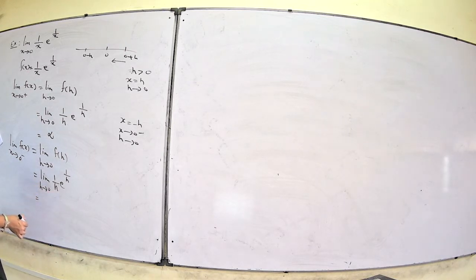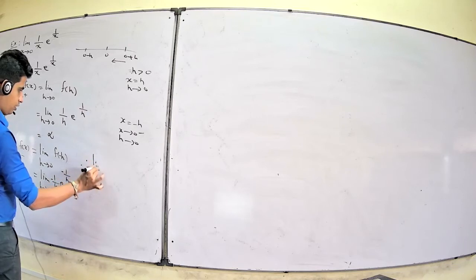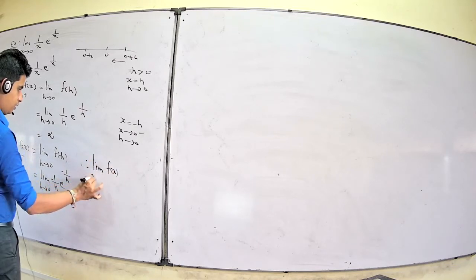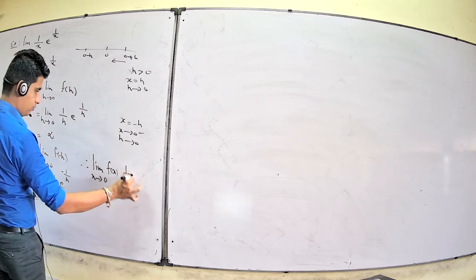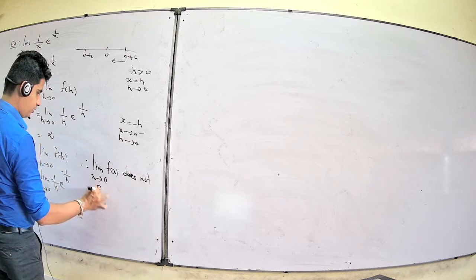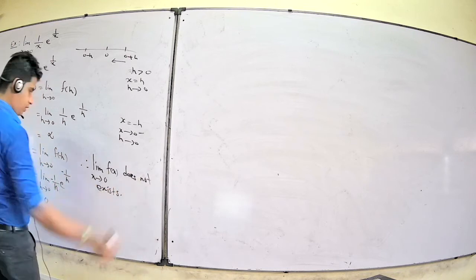What is the value of this part? This value should be 0. Therefore both are not equal, therefore the limit does not exist. The limit of f of x as x tends to 0 does not exist.